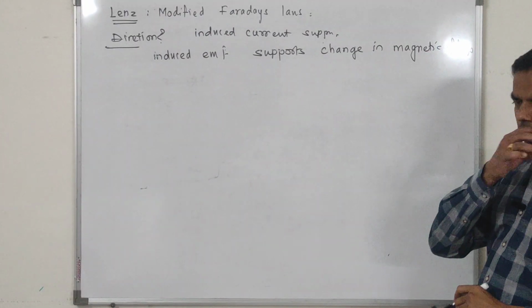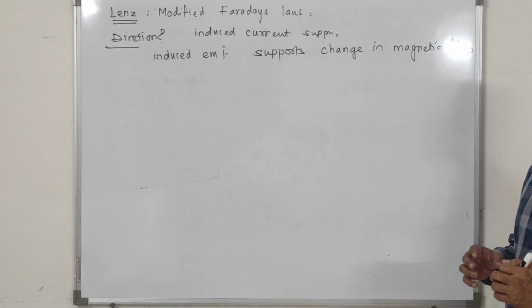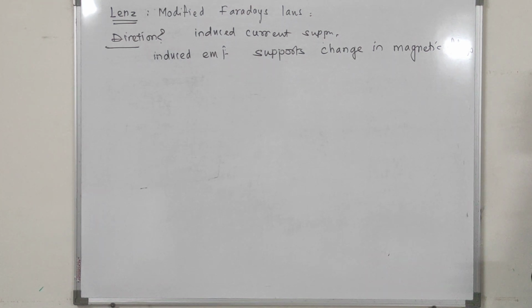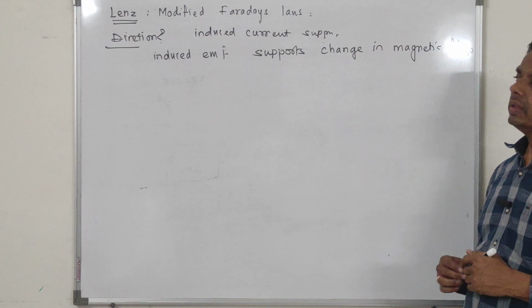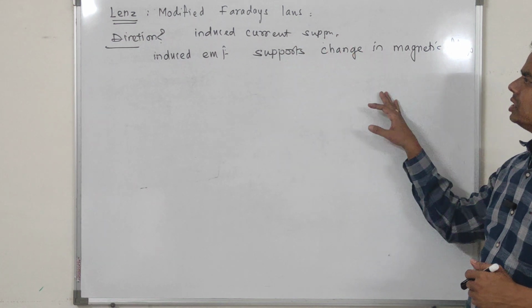Induced EMF supports the change in magnetic flux. So what we are considering here is that the direction of induced current or induced EMF in the coil is in such a way that it supports the change in magnetic flux associated with the coil. Now what happens if this is so? Induced current and induced EMF support the change in magnetic flux.